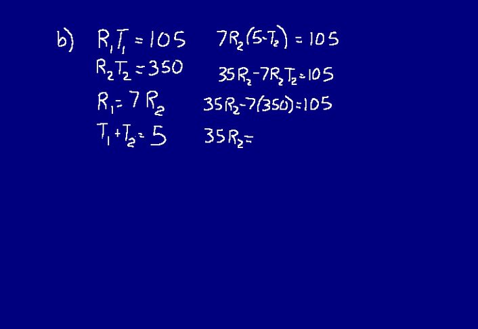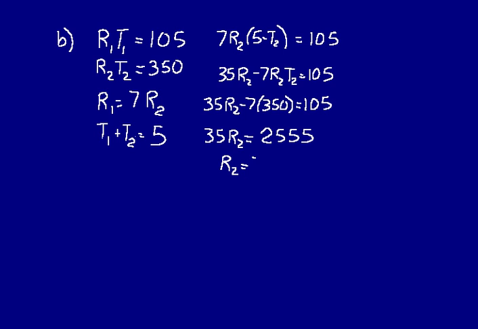That would be 2555. Divide both sides by 35, and we get what R2 is. And so we'll say 2555 divided by 35, that equals 73.